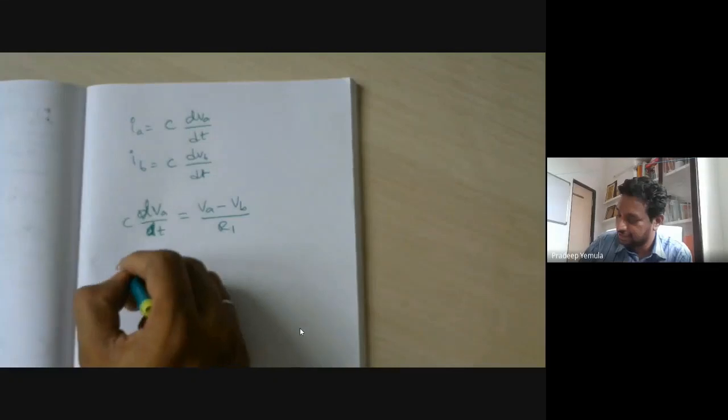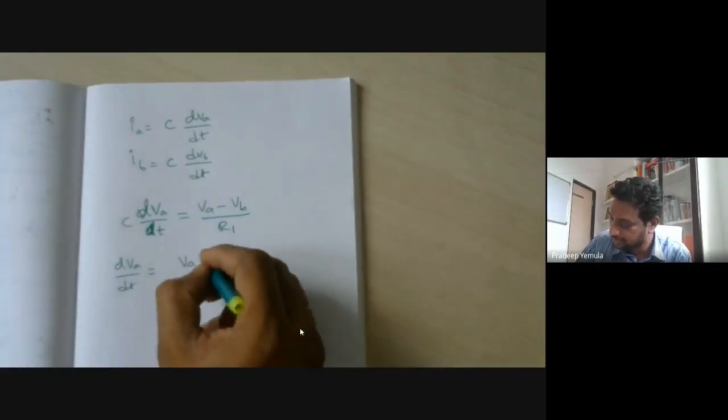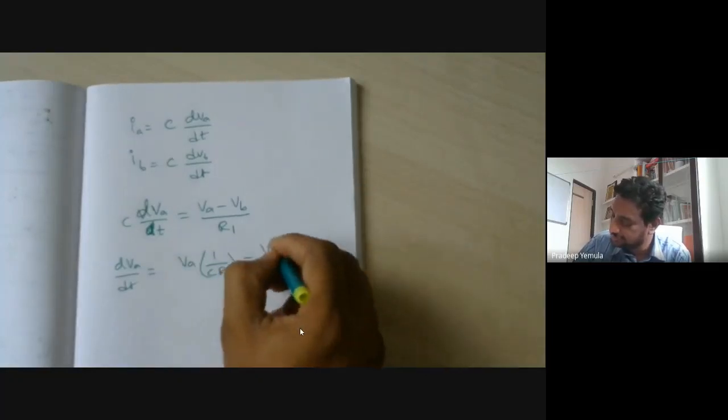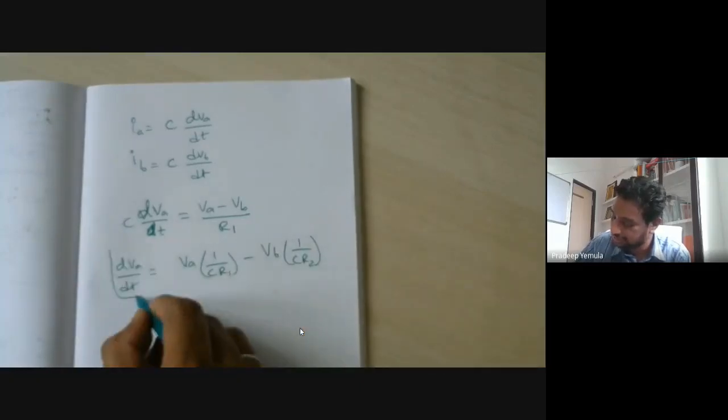Finally dVA by dt equals VA into 1 by CR1 minus VB into 1 by CR2. So I got one equation completely done.